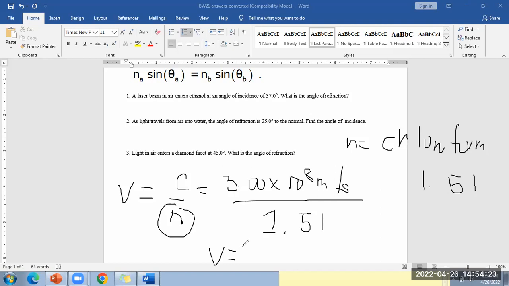So what will be the answer? Ano makukuha natin sa calculator? Pag gagamitin natin yung exponent na 3.0 times 10 raised to 8, divide 1.51.